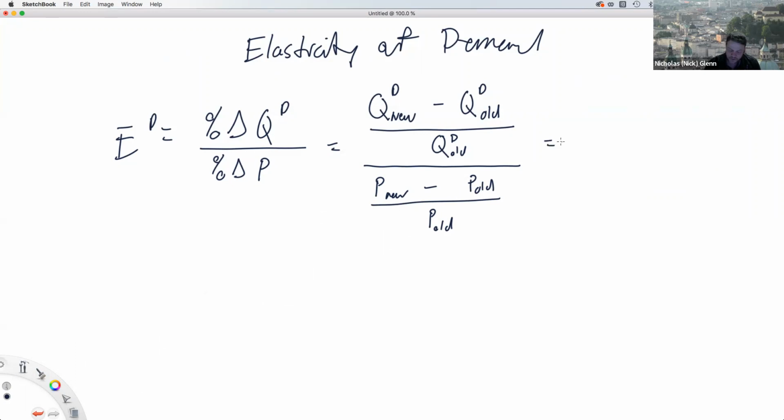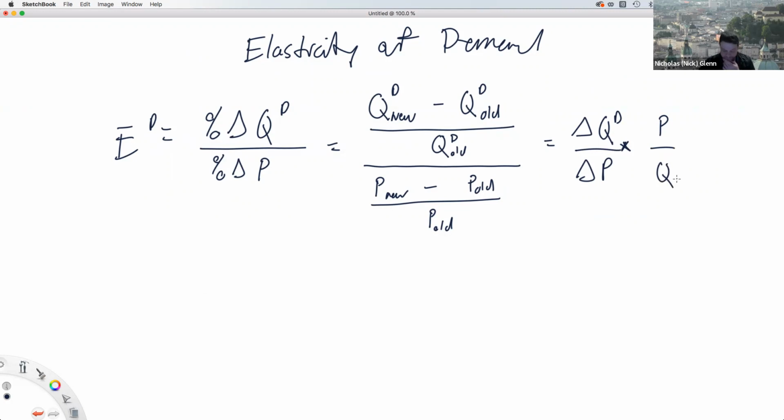Now, another way to determine this is to use the change in quantity demanded divided by the change in price, multiplied by the price divided by the quantity. All right, that'll give it to you as well.